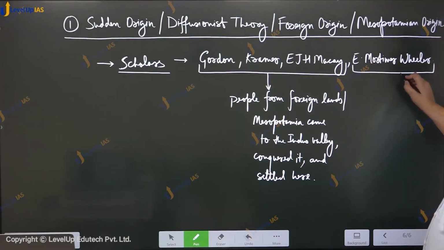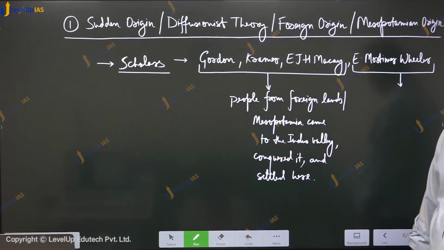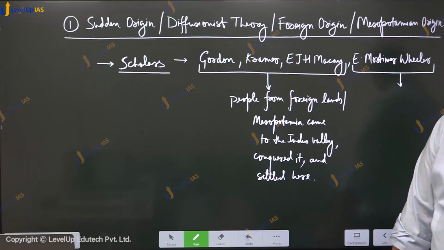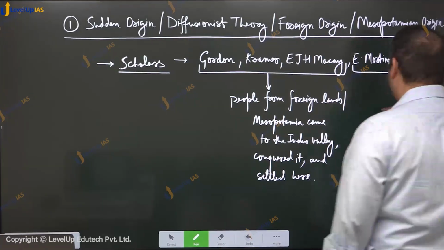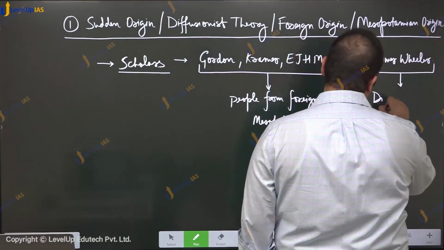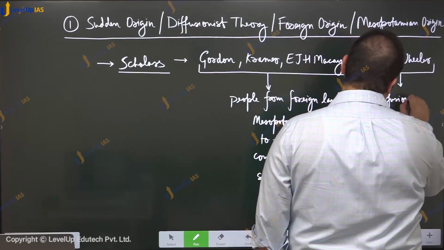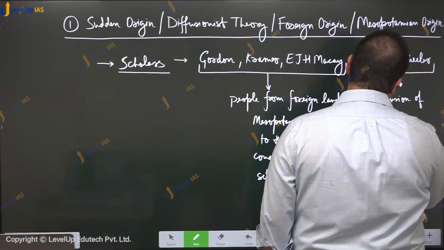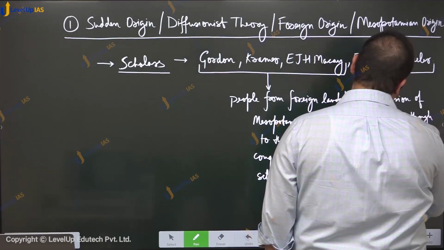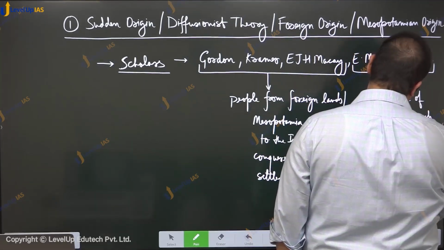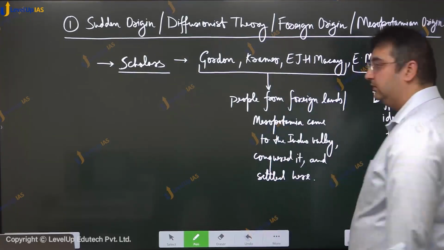Mortimer Wheeler, on the other hand, says that it was not people from Mesopotamia, rather their ideas which came to India through the trade routes that existed between these two civilizational centers. So it was the result of the diffusion of ideas through trade routes which was responsible.